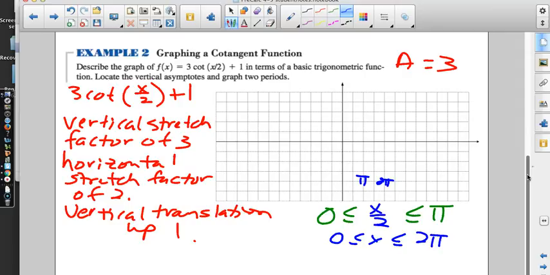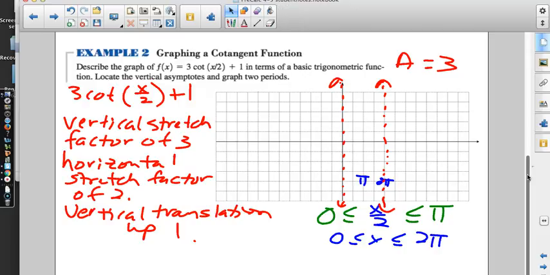So, asymptotes at 0 and at 2 pi. But we better put some helpers on this one. What's a helper we can put on? So we remember that's kind of like our new axis there.